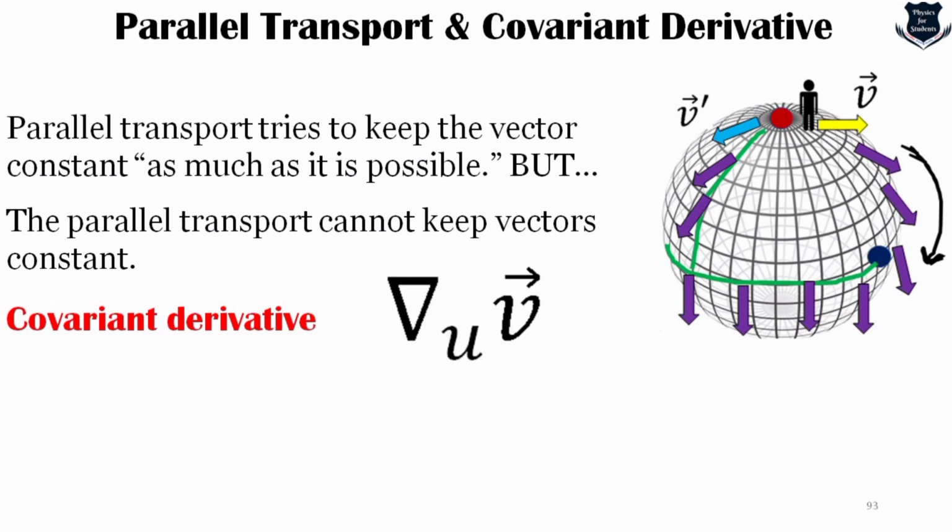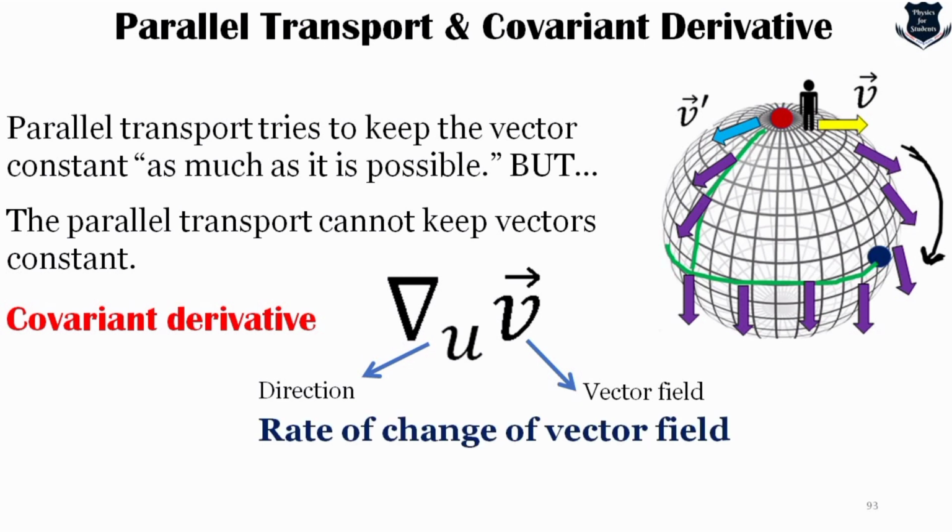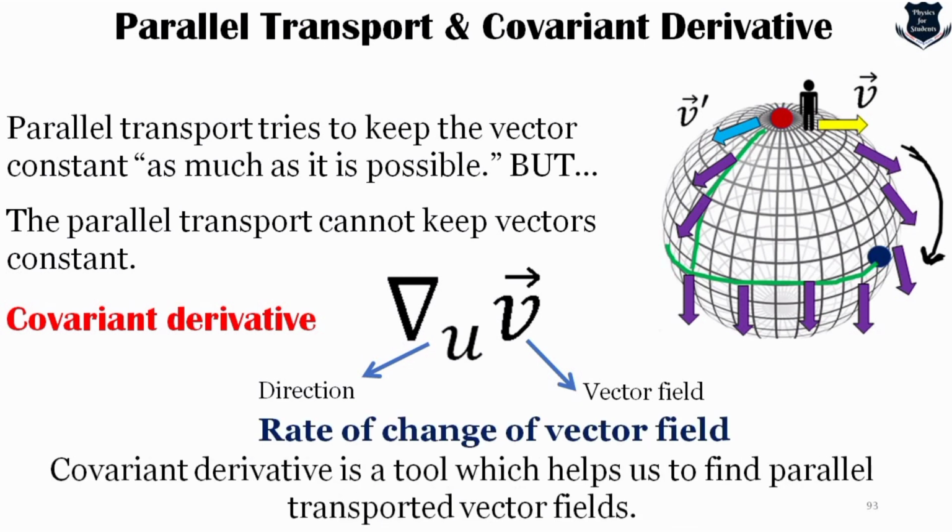It looks something like this, where u denotes the direction, v is the vector field, and it denotes the rate of change of a vector field. And the covariant derivative is a tool which helps us to find parallel transported vectors. So this is actually a kind of an understanding of the Riemann curvature tensor, and parallel transport doesn't help us keep the vectors constant, which is dealt with by the covariant derivative.